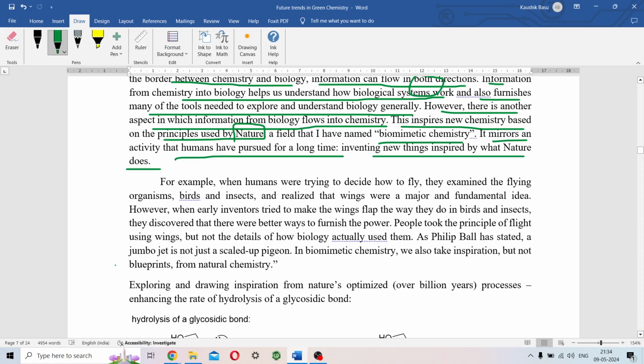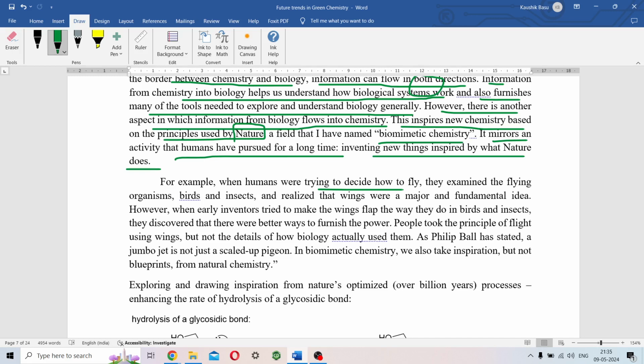Let me explain. When humans were trying to decide how to fly, because they have seen from time immemorial that birds can fly, certain insects can fly, there was a strong desire to know how we could fly, because we don't have wings, we have nothing to bank upon that we can use to just fly in the air.